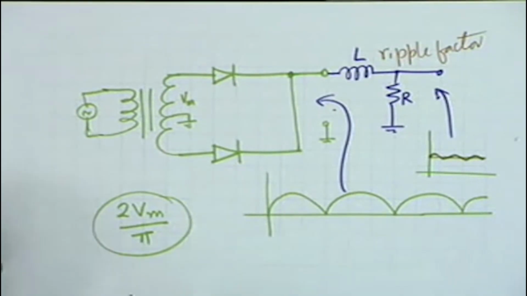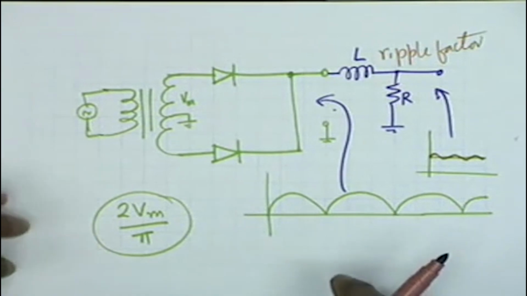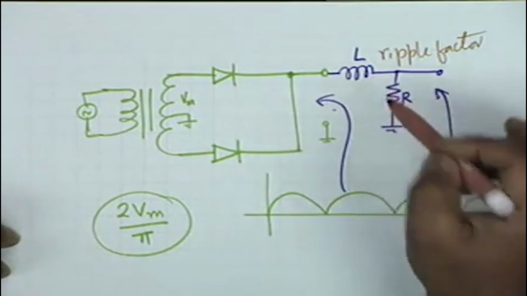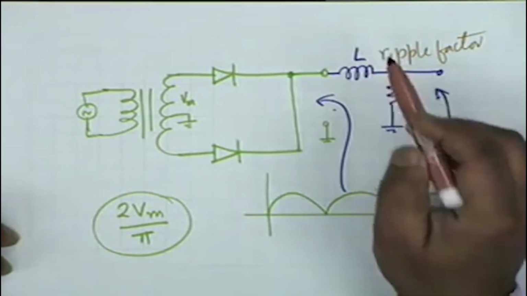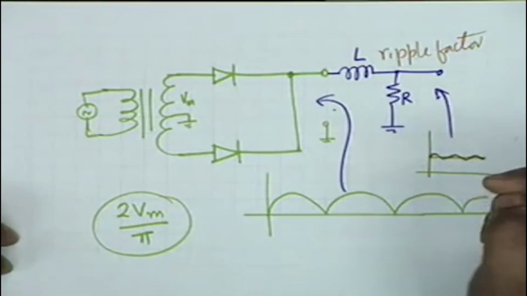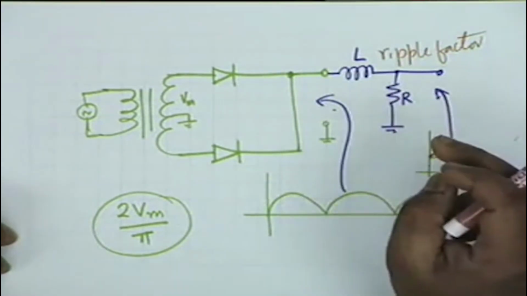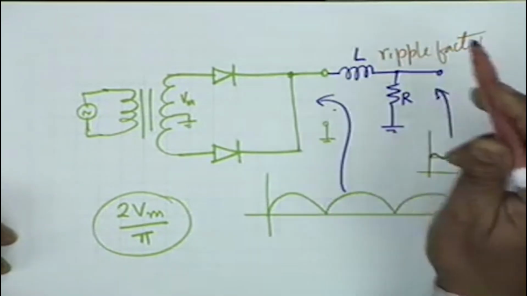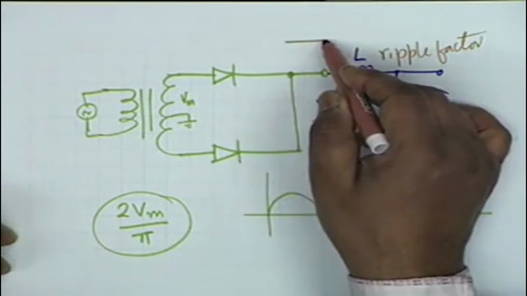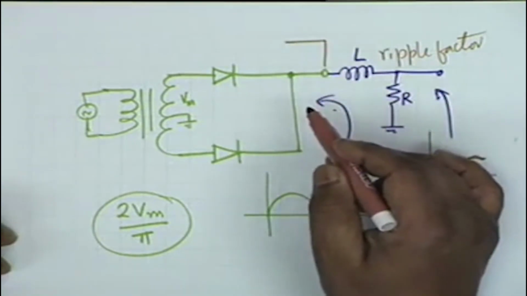Now we would like to make a little more in-depth study of this filtering effect, but let me mention to you first that if you want to use a simple filter like an LR filter, did I tell you that this is an L type filter because it resembles the letter L?